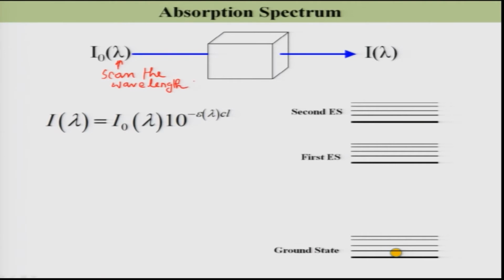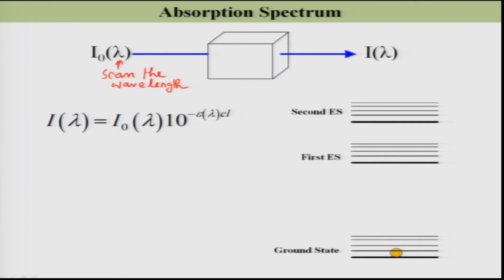So, I0 is coming, it interacts with the sample and then passes through the sample. Depending on these electronic levels and the energy of the incident radiation, lambda, corresponding to some energy h nu, some light will be absorbed by the system, some will not.